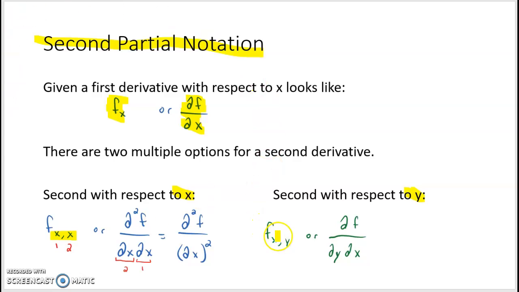Notice f sub xy. So we said we were taking the derivative with respect to x and then with respect to y. Over here you'll see it once again the same order. x on the inside, y on the outside. So the first derivative that's done is the partial with respect to x, and then after that you take the partial with respect to y.